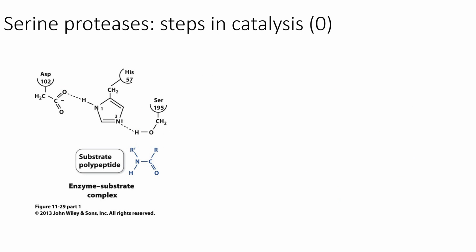All right. So now that we've talked about the specificity pocket and how these types of serine protease enzymes choose their substrates, let's now really focus in on that active site and look at the steps in catalysis. First we'll consider the enzyme-substrate complex. This is basically the beginning state. We have the enzyme, we have the substrate that's entered into the active site, but nothing has really happened yet.